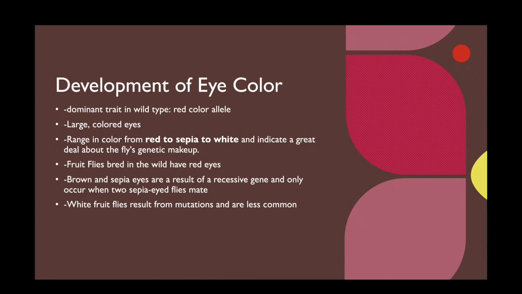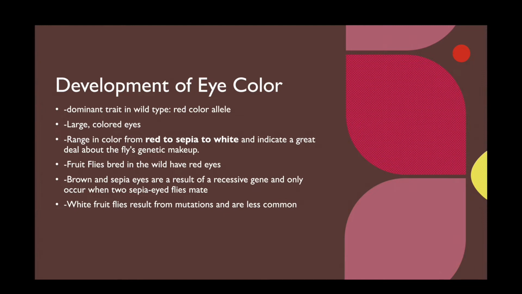When looking at the development of eye color of flies, the fly's eyes are usually large and colored, and they can range anywhere from the color red to sepia to white, and it shows a lot about the fly's genetic makeup when you're looking at the color of their eyes.